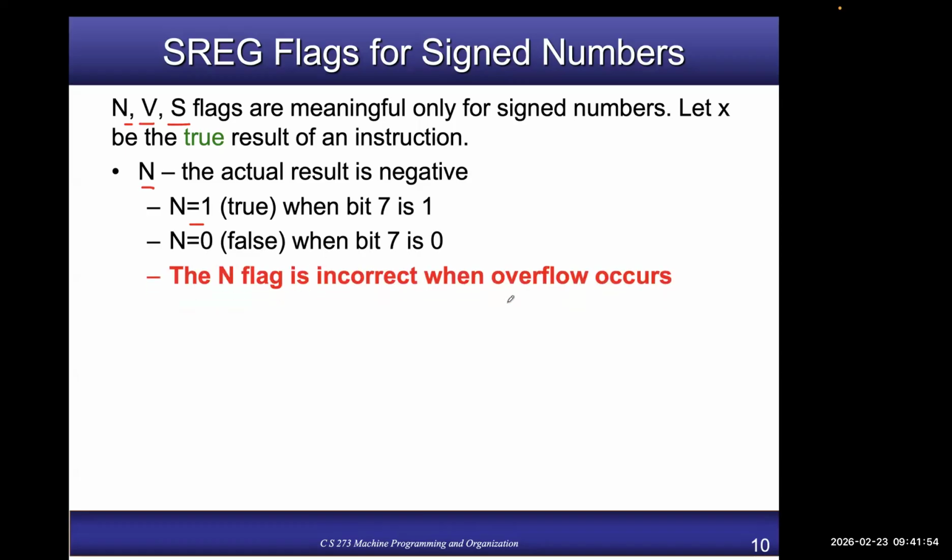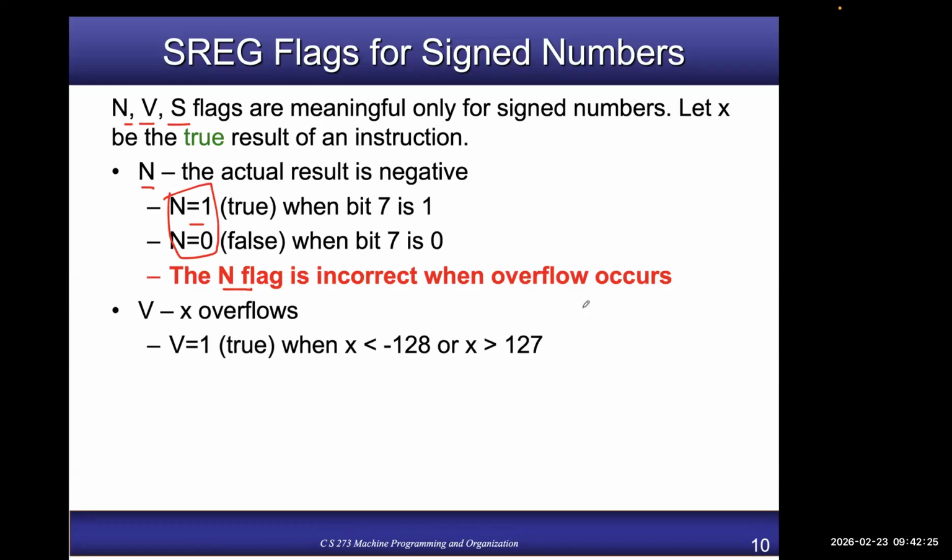So this is how you interpret the N flag. However, if there is an overflow, then you cannot trust the N flag. In that case, the information conveyed by the N flag will be false. What do I mean by overflow? I will explain.